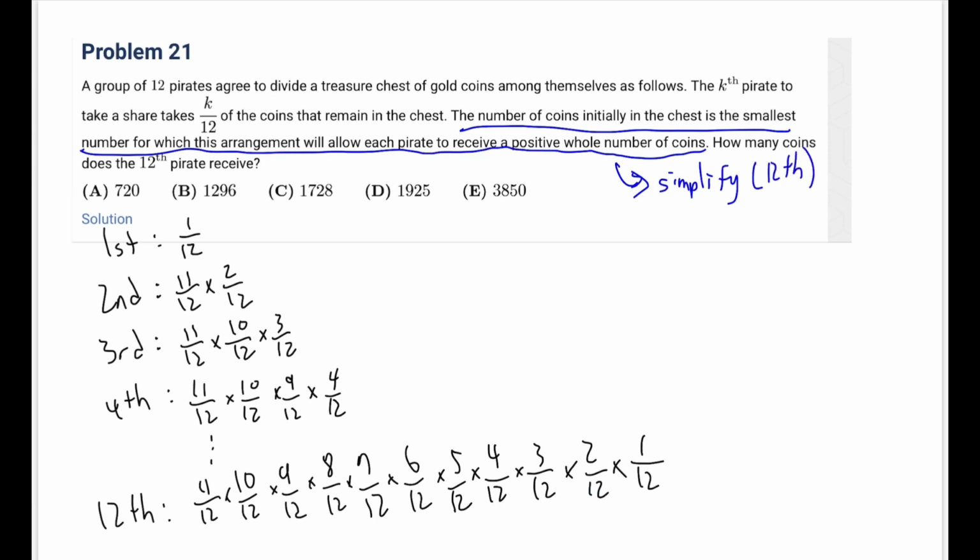And so the coins that the 12th pirate would receive, this will be the numerator, since the denominator would be the number of coins, right?